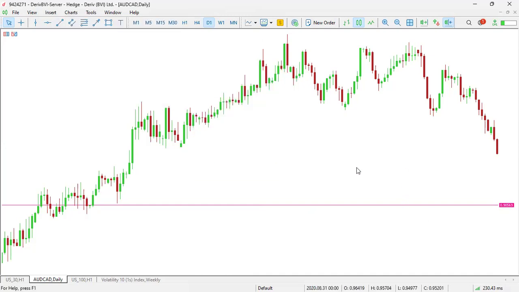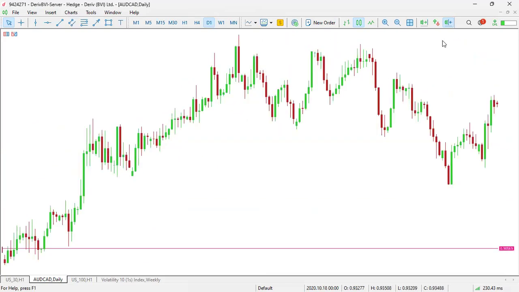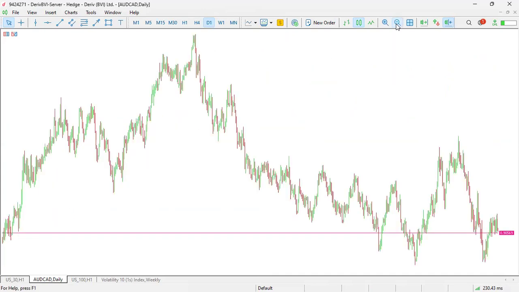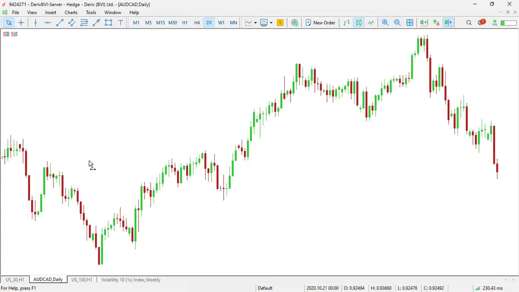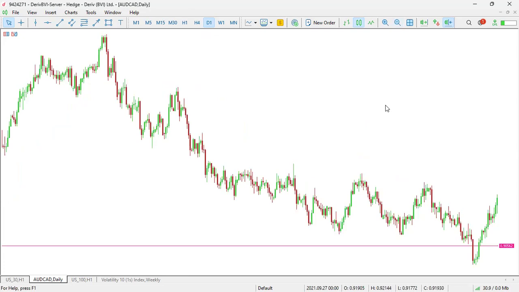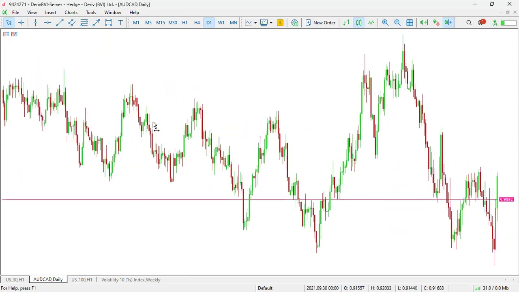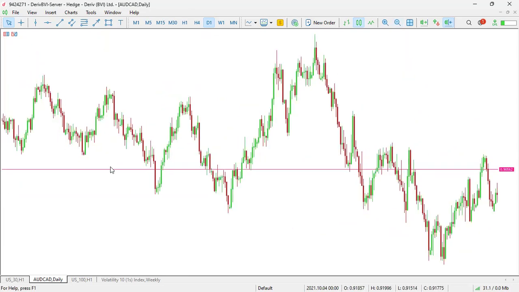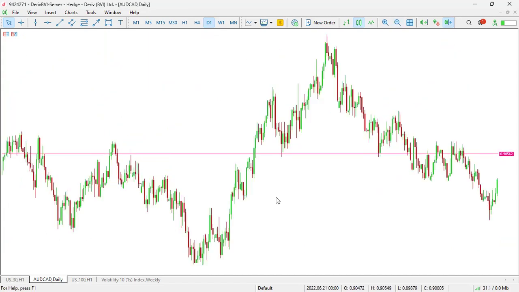No. Sorry. Fib retracement is not an indicator, it's a tool actually, but it also acts as an indicator. Fibonacci retracement is a tool that was developed by a mathematician. These are old traders that were living in the, I don't know. A mathematician known by the name Leonardo Fibonacci, using the Fibonacci sequence.